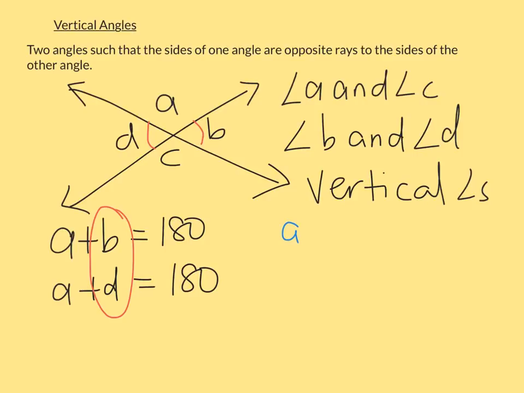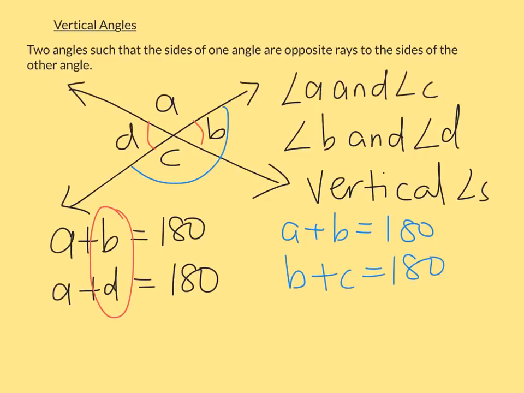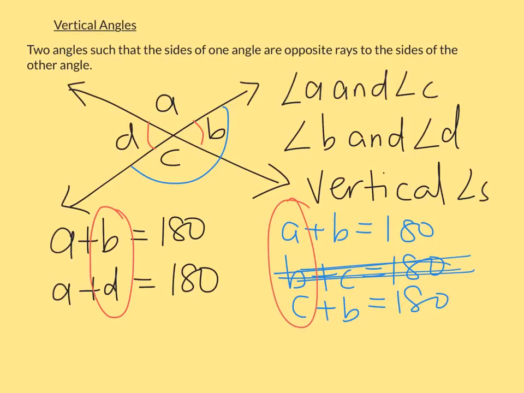So we know that A plus B is 180, and also B plus C equals 180. Let me rearrange this. I get C plus B equals 180. So again, in order for this to work, angle A must equal angle C. So I'm going to use a different color here.